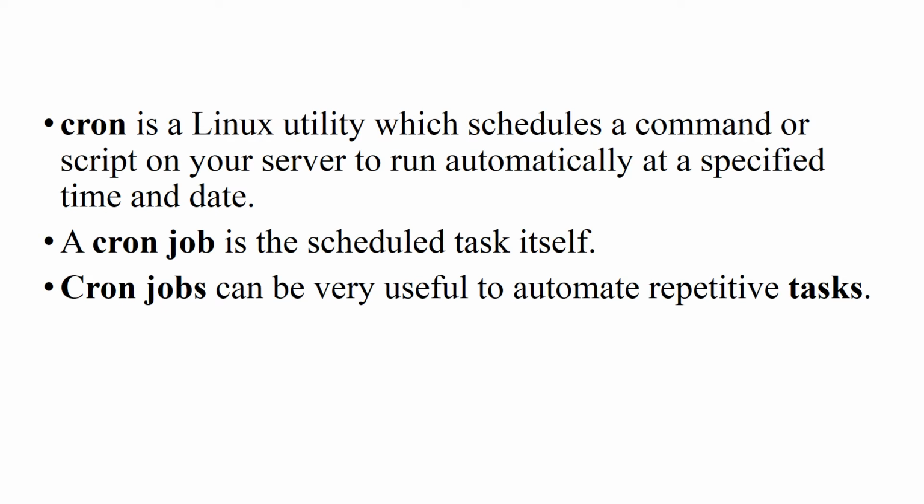There are many applications available where you can schedule a task, and once you schedule it you get notification 10 minutes before, 30 minutes before the meeting. And that's how cron is helpful in Linux. Cron jobs can be very useful to automate repetitive tasks.